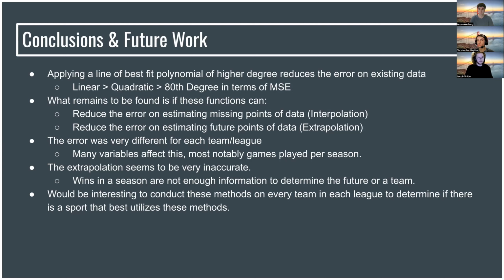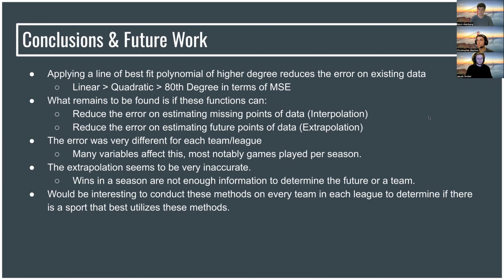What remains left to do is we could see the interpolating power of these polynomials. So we could take out some of the data and see how well it interpolates it. And perhaps we could do a more thorough extrapolation to see if we took some trained data, so to speak, and then compared it to actual other data.